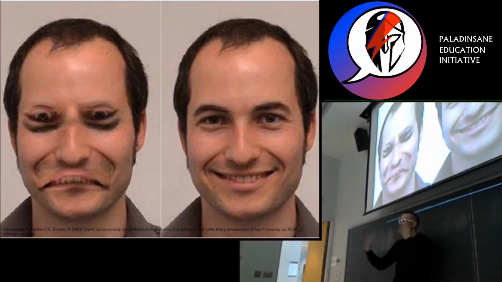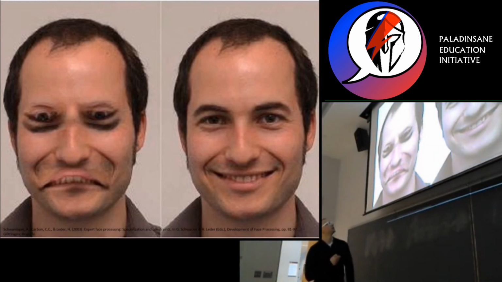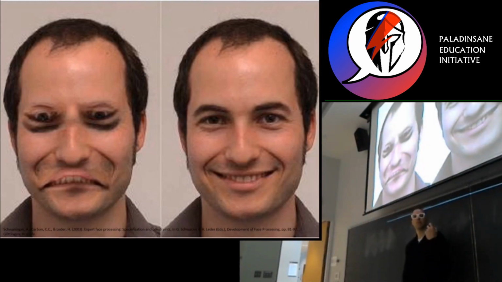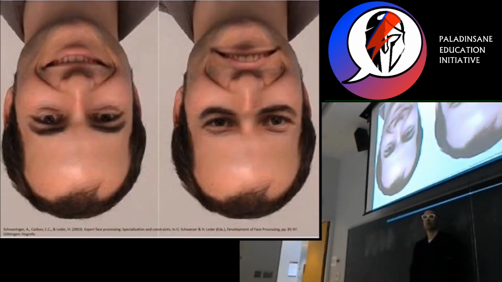So the explanation for this inverted face effect: this one is so clear, I mean, it's not even close. Clearly something went wrong with that particular face, but it's not as apparent when you see it here. The reason for that is because in this situation, you are being put into a very unusual circumstance.